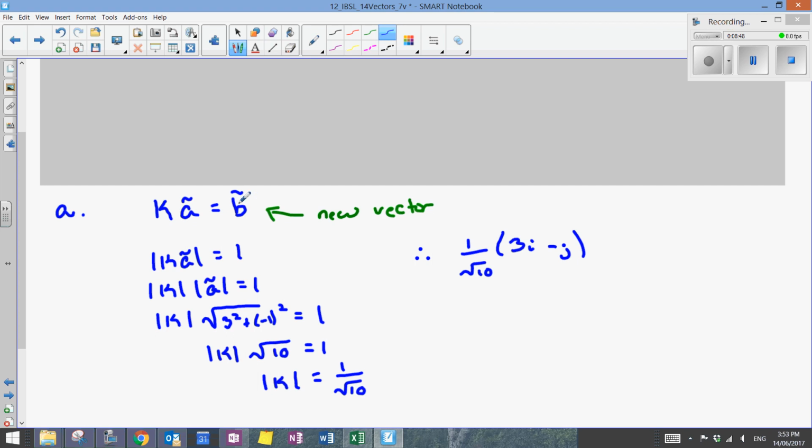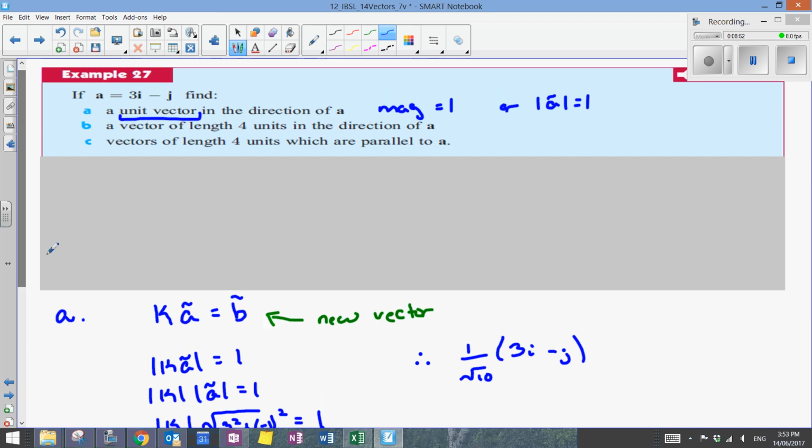And that gives us our new vector B that we were asked to find. So we just called it B. It didn't actually give us a name for this. So in part A, a unit vector in the direction of A. So here's my unit vector. The 1 over square root of 10 forces it to be 1 unit long, and 3i minus j keeps us in the same direction. So we've satisfied both of those requests.